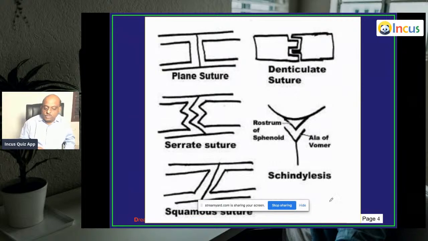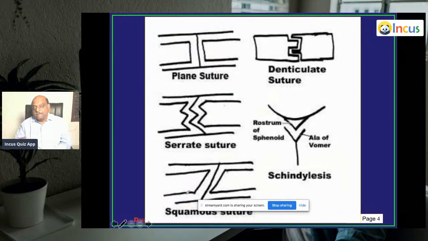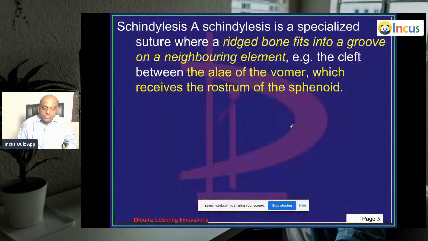If you look at the sphenoid and the vomer, classically the rostrum of the sphenoid is received by the ala of the vomer. The rostrum of the sphenoid and the ala of the vomer fit with each other.